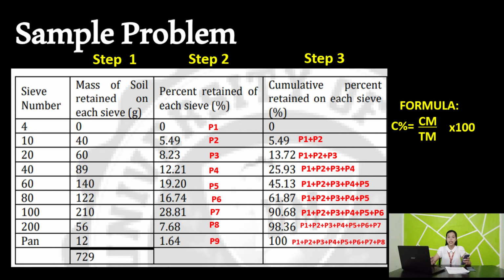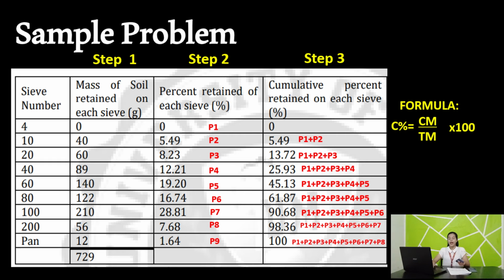So, same lang sila og answer kung formula ang gamiton o kining P1 plus P2 plus P3 plus P4. Kaya kung makasave ta og time, labi na kung exam. So, I hope nga nasabtan ninyo kung unsaon pagkuha ang cumulative percent retained on each sieve.